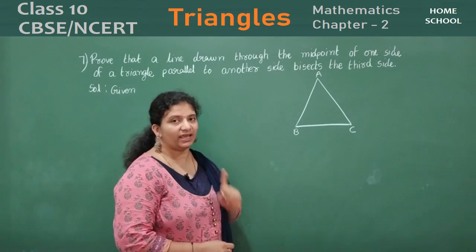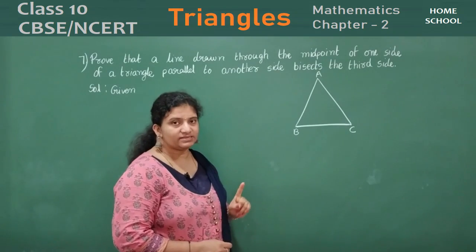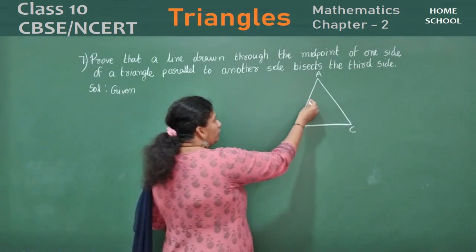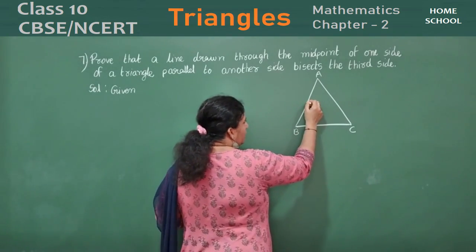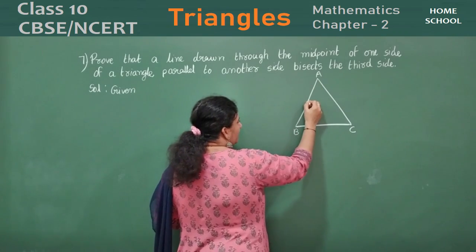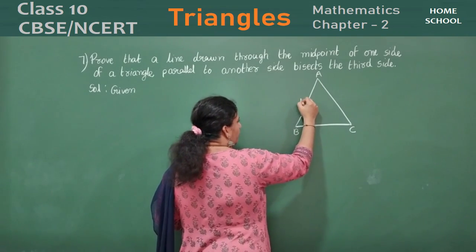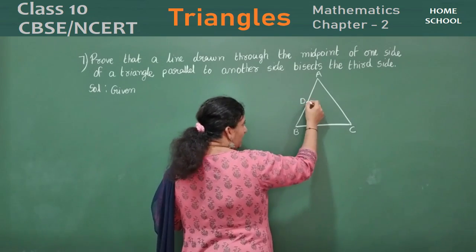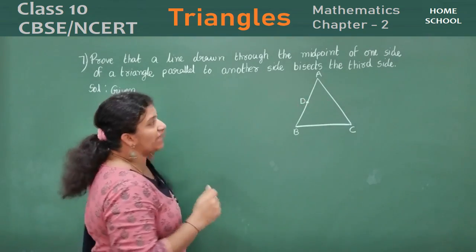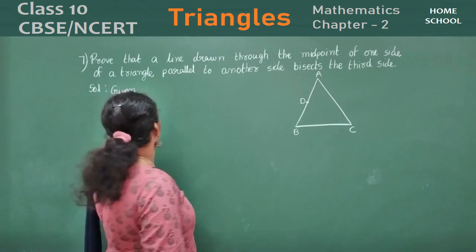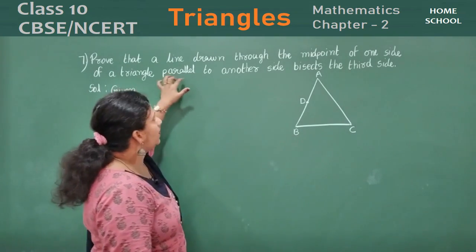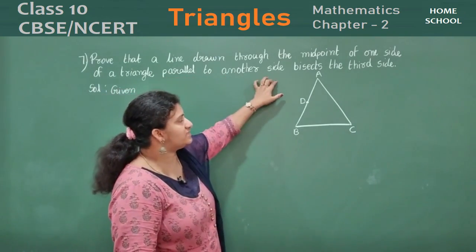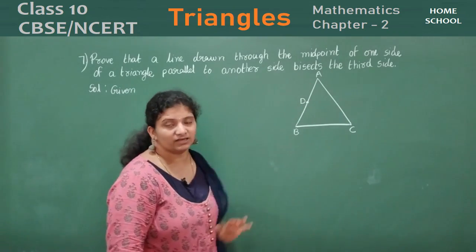Observe the question carefully. Draw a line such that midpoint of one side. Okay, for this side, if I take this as a midpoint D. Draw a line. How I have to draw? Which way I need to do? Let me read this. Of a triangle parallel to another side bisects the third side.